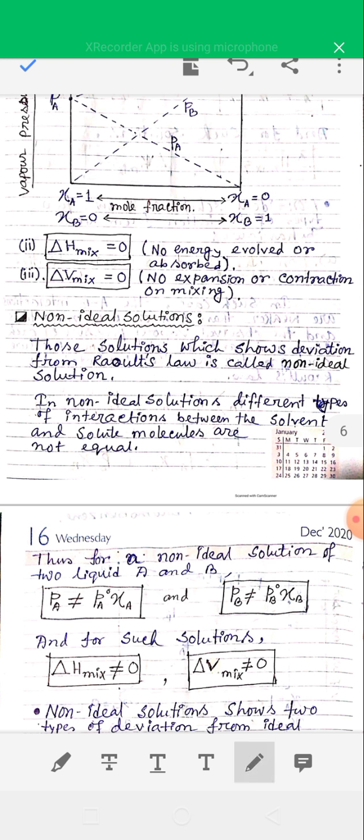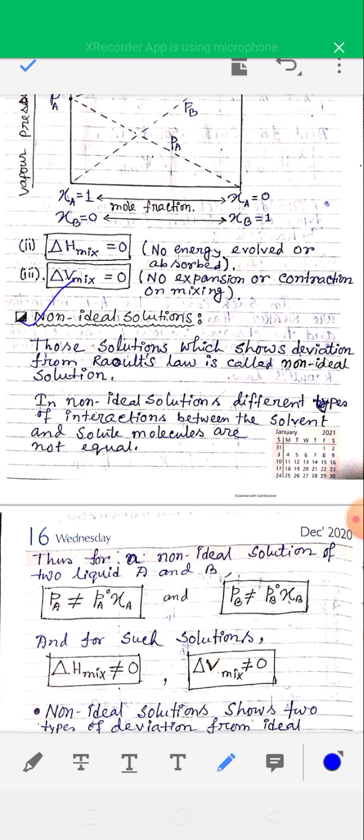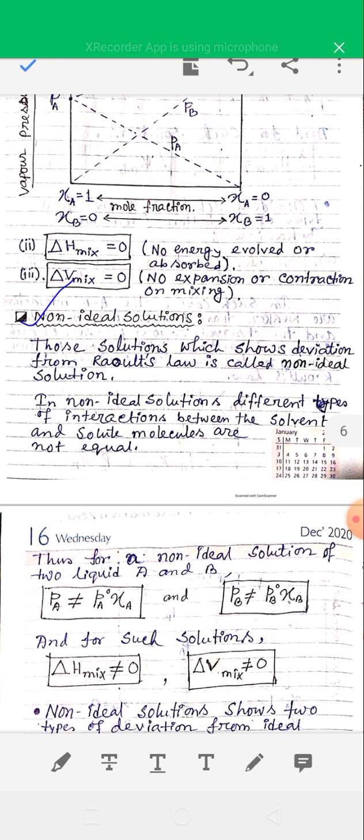Now see non-ideal solution. What are non-ideal solutions? Non-ideal solutions are those solutions which show deviation from Raoult's law. Ideal solutions obey Raoult's law, but non-ideal solutions do not obey Raoult's law.